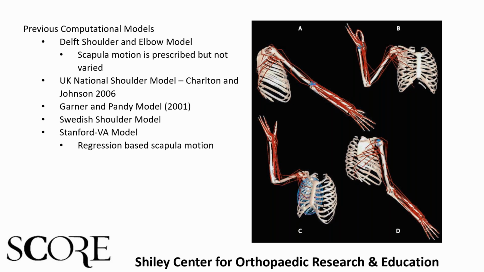It's something that is prescribed and not varied. So there hasn't been a commentary as to how varying that input will affect the overall joint. How will that increase or decrease the joint force and the muscle force required to perform a given task?